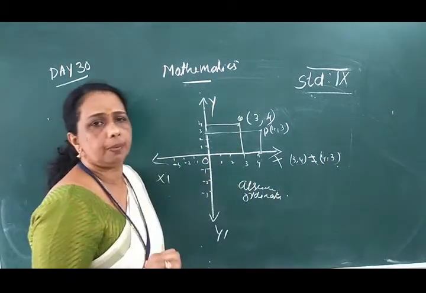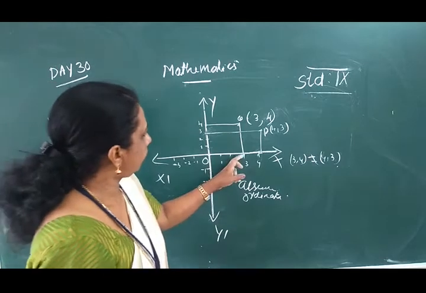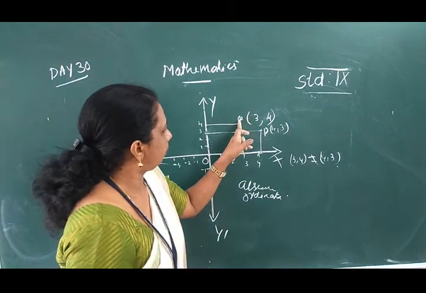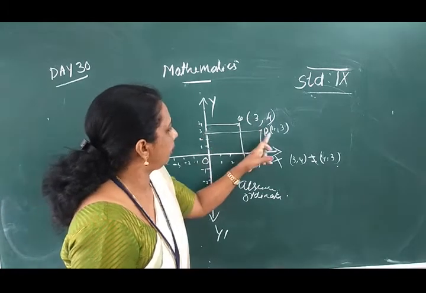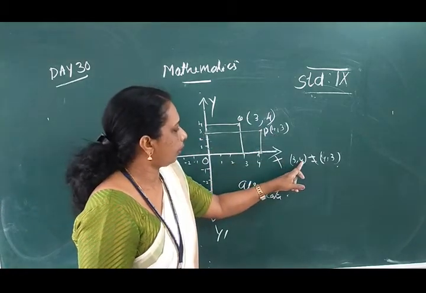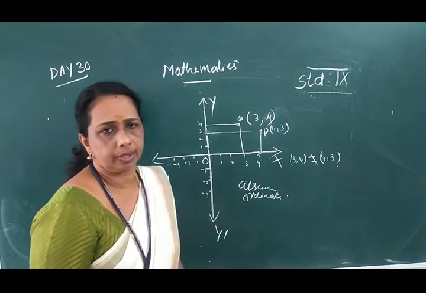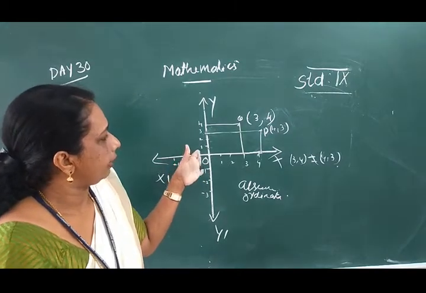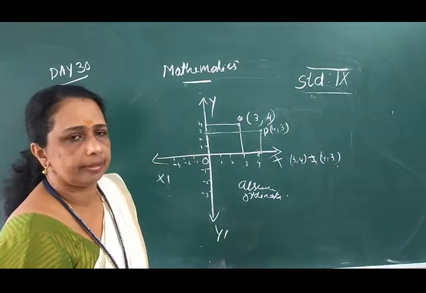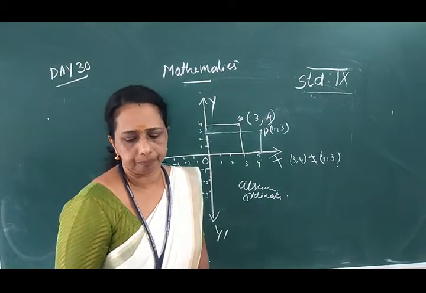They are different points. The point 3, 4 is here and 4, 3 is here, where the point P is. So the point 3, 4 is not equal to the point 4, 3.